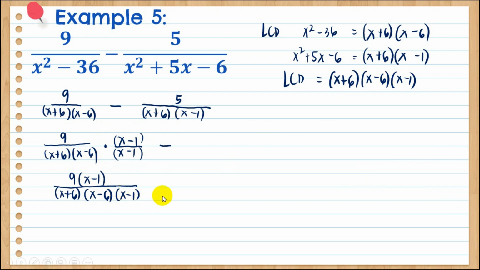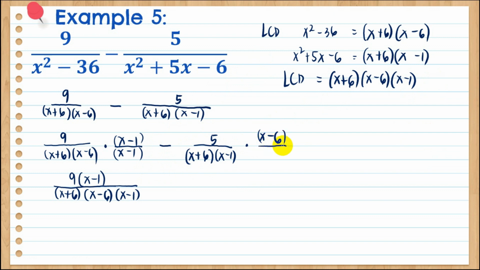Ano po? Now, for our second RAE, again, minus po yan. 5 all over x plus 6 x minus 1. So, LCD divided by our denominator, x plus 6 makakancel, x minus 1 makakancel, matitira na lang ay ang x minus 6.